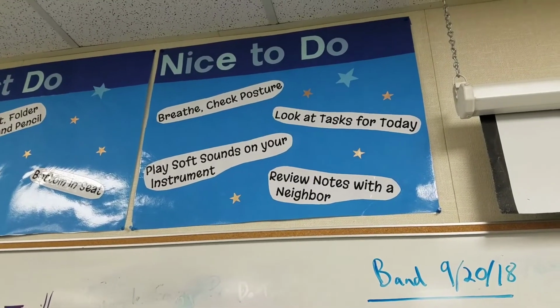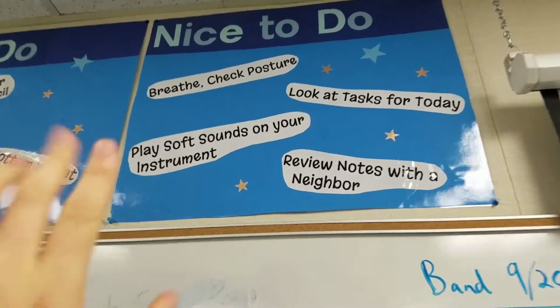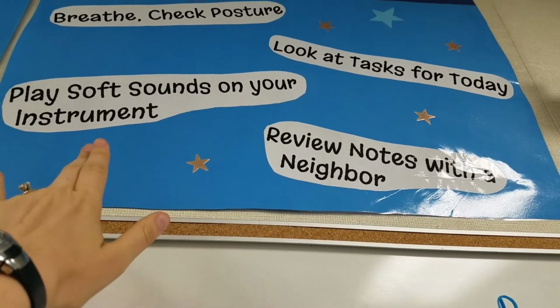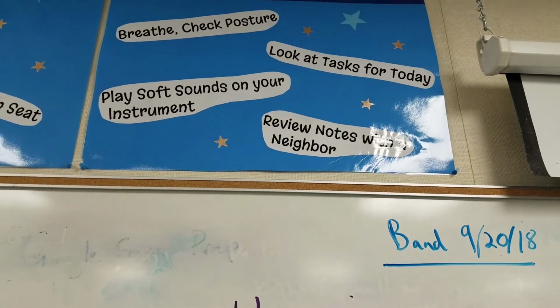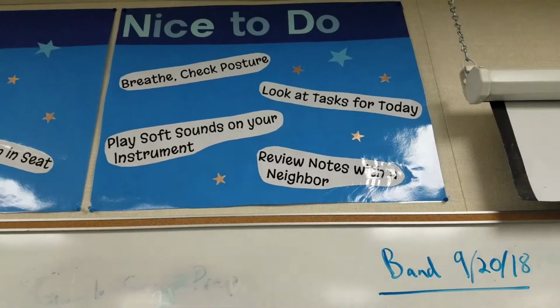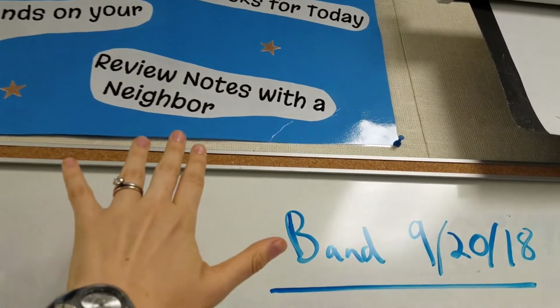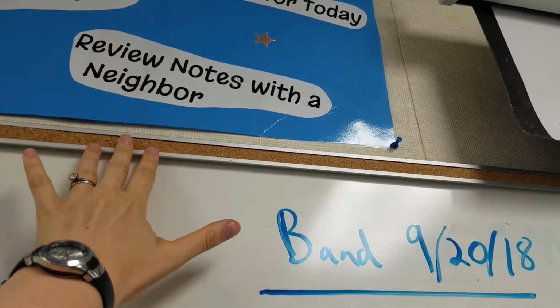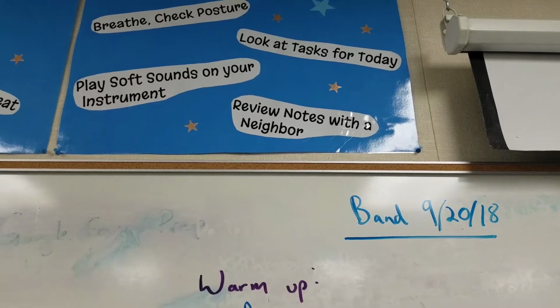I tell them when I work in sections that they can do any of these things except for playing soft sounds on your instrument, for obvious reasons. I don't really want to hear trumpet sounds when I'm trying to work with flutes, but there's lots of other things they can do instead. This can be done silently as well. I will probably have students practice reviewing notes silently with neighbors.